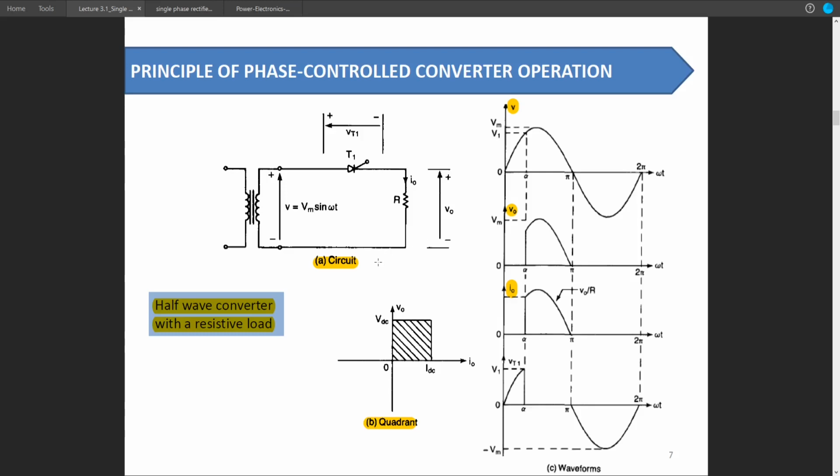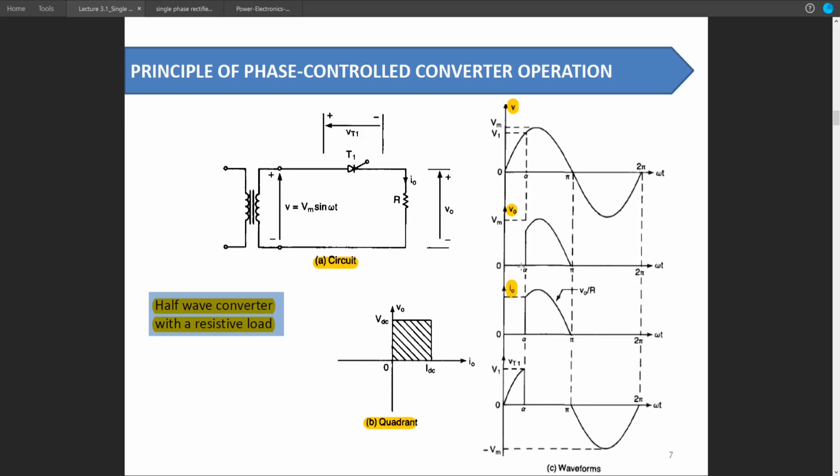So here is a circuit diagram of a single phase half wave control rectifier with a resistive load. In this circuit, the thyristor will conduct only for the first half cycle, and for the second half cycle it will be reverse biased.